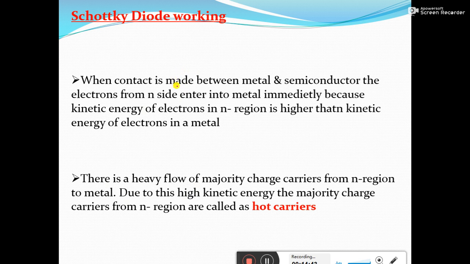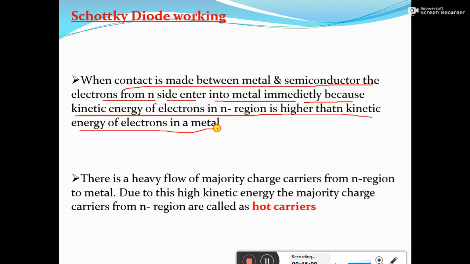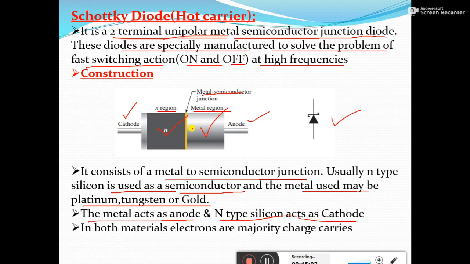So the working of the Schottky diode: when a contact is made between metal and semiconductor, the electrons from the N side enter into the metal immediately, because the kinetic energy of the electrons in the N region is higher than the kinetic energy of electrons in the metal.